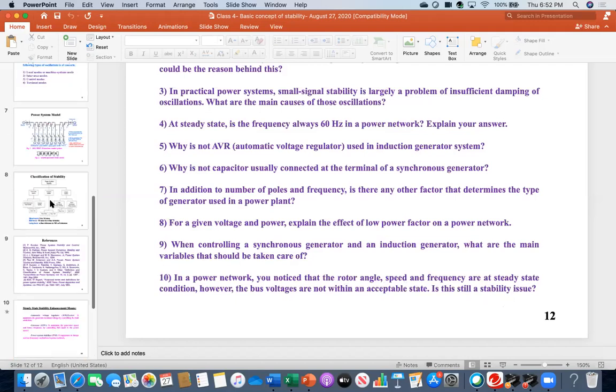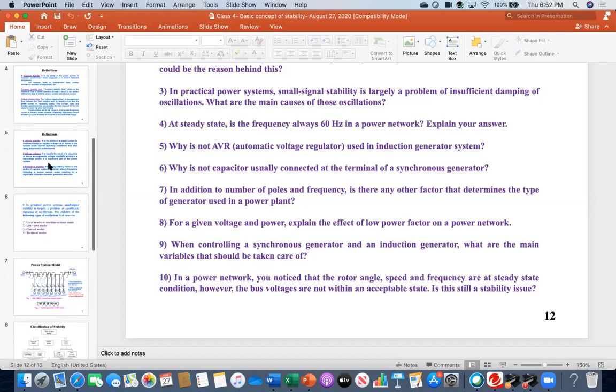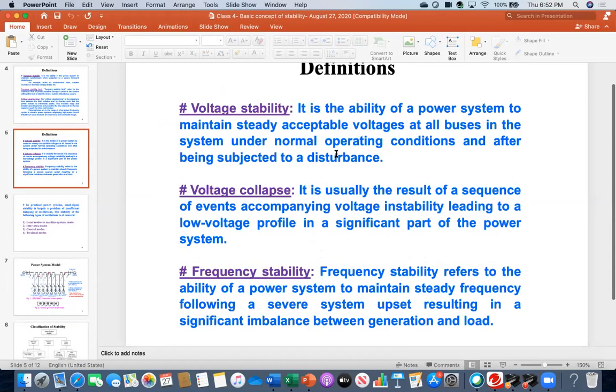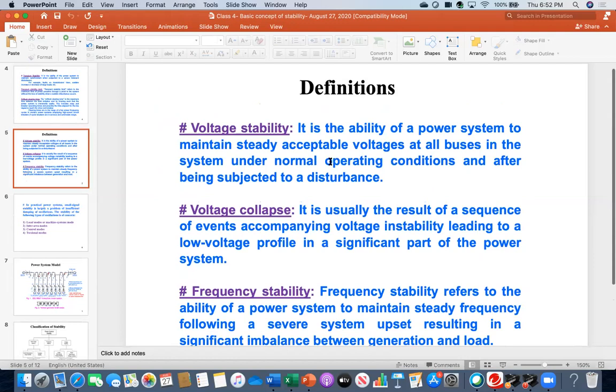So everybody see this slide. Look at the definition of voltage stability. Everybody read the voltage stability. This means that voltage stability means you have to maintain acceptable voltage at all buses in the system under normal operating condition and after being subjected to a disturbance.